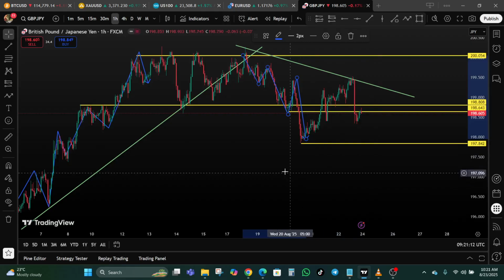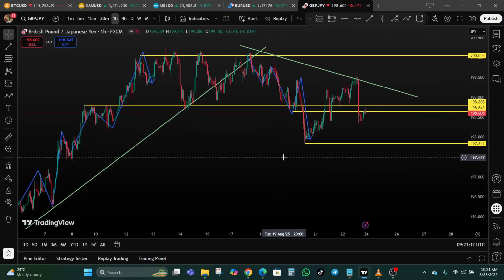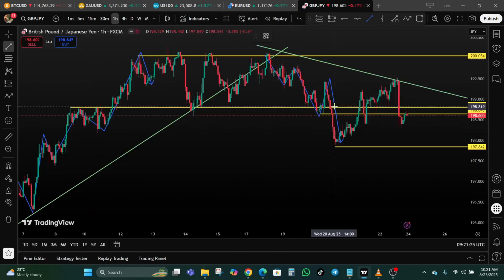The second component is order blocks. These are zones where institutions have previously placed large orders. In order to identify an order block, you just have to look for a break of structure.